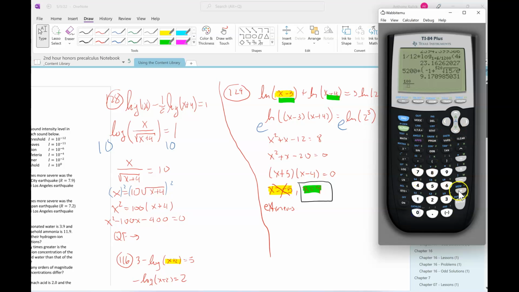So I have negative of negative 100 plus or minus. I'm just going to start with the plus. Square root. Well, let's do it this smart way so I can reduce the radicals and stuff easily. So I have the inside, that's the b squared minus 4ac.